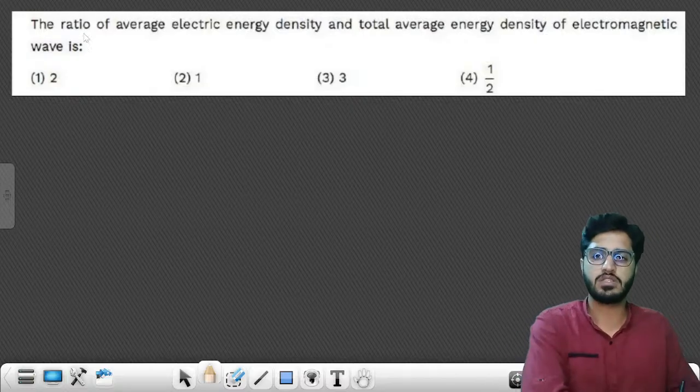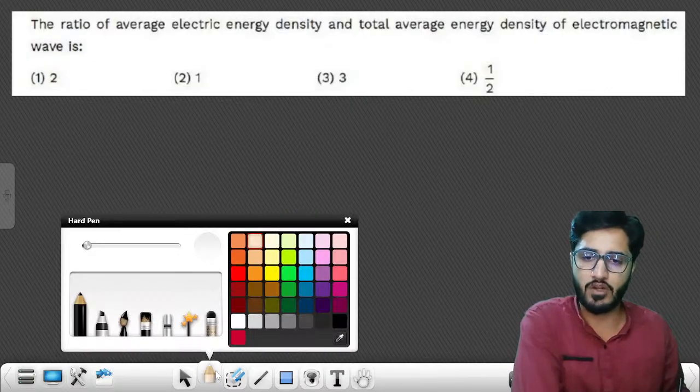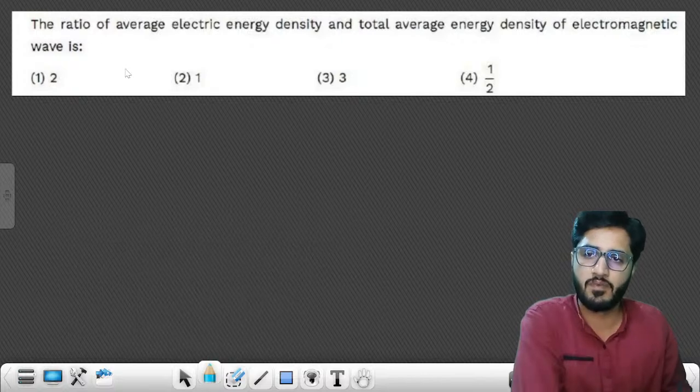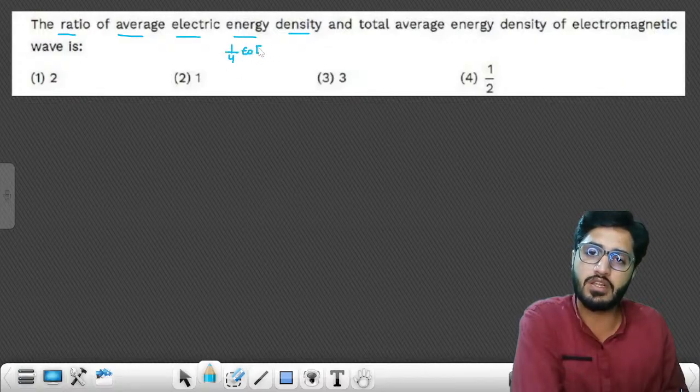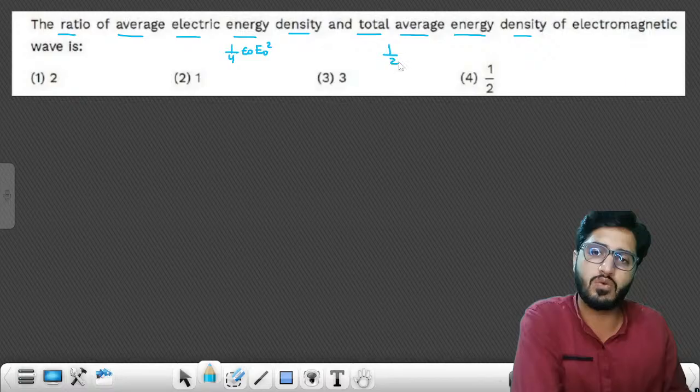So what is given to us, and what do we have to find out? Look here. The ratio of average electrical energy density, which is 1 by 4 epsilon naught E naught square, to the total average energy density, which is 1 by 2 epsilon naught E naught square.